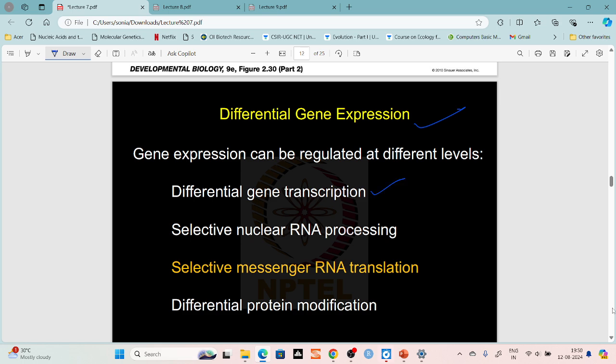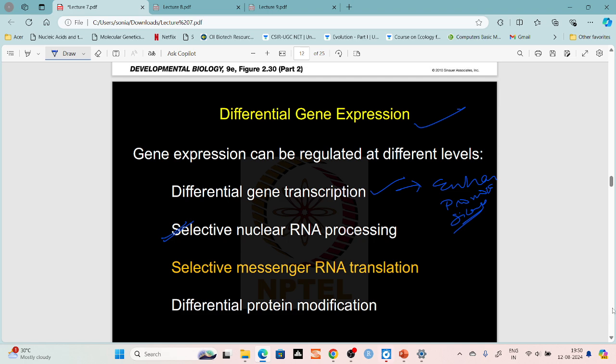Differential gene transcription means transcription of selective genes, and this can be achieved by enhancers, promoters, silencers. Here your concept of enhancer, promoter, and silencer will come. Then selective nuclear RNA processing, here the concept of alternative splicing will come.